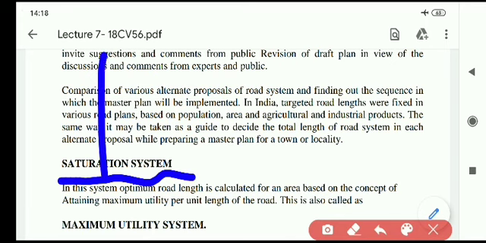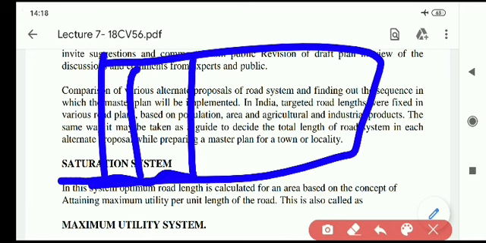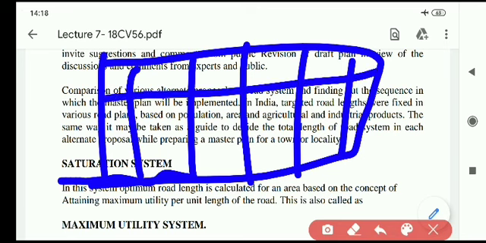If we have the problem in a tabular column presentation, we can easily get to know the concept of the saturation system. That I'll conduct in the online class. We will calculate that in the online class.